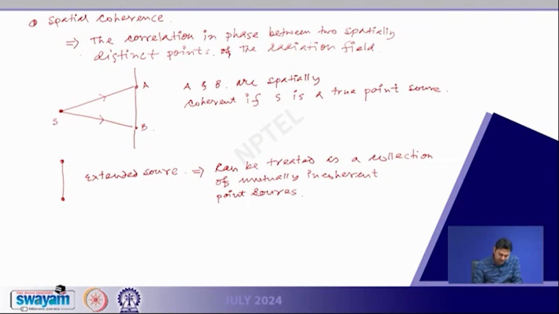That means among this extended source, suppose we have another point here, and this is the highest lateral distance among which the 2 points on the extended source maintain their phase relationship. So, these 2 are considered to be the spatial coherence points. How you measure that, how you quantify that, that is interesting, and that we are going to do next.